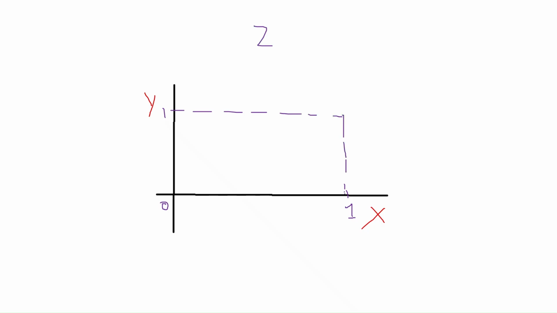Now, we are given that z is equal to x plus y, where z is another random variable. Now, for a moment, consider any value of z, which we denote with small z. What would this look like? This would be a line something like this.